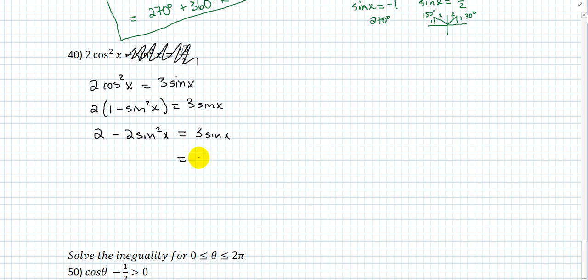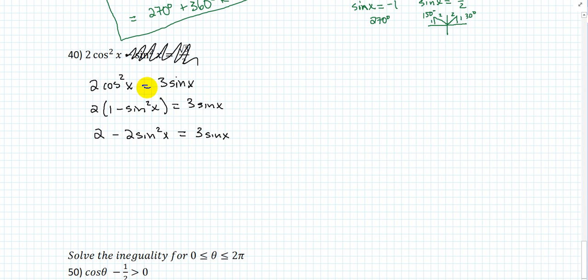So add 2, that would give me 5 sine x. And then I'll leave the 2 over there. Oh, sine squared x. Oh, no. I'm so flustered right now. I can't believe I keep doing this. Okay, so that is sine x. I thought for a second it was squared. So let's stop right here. Let's go back over it.